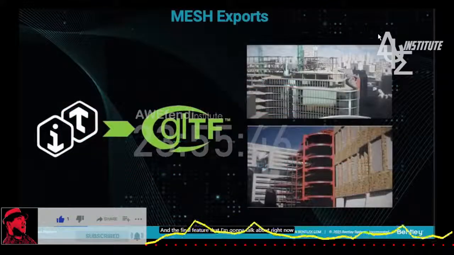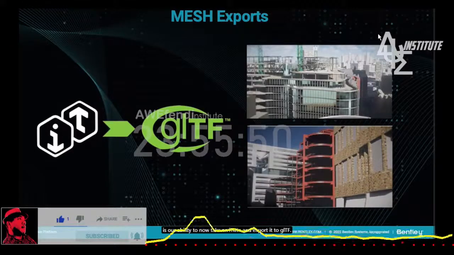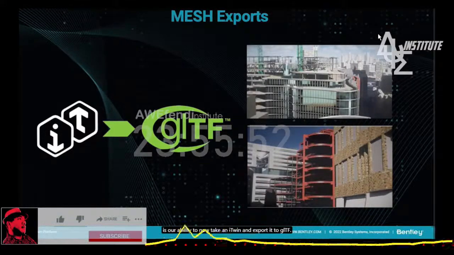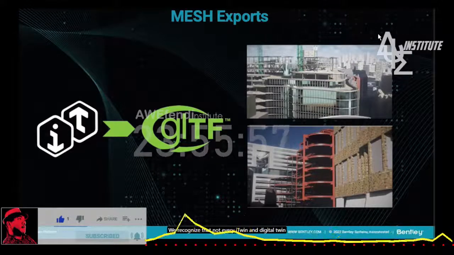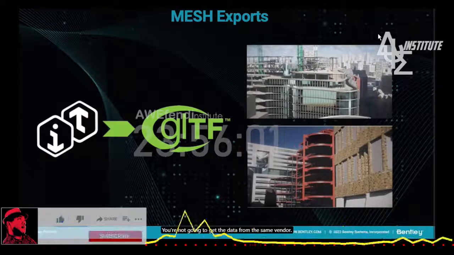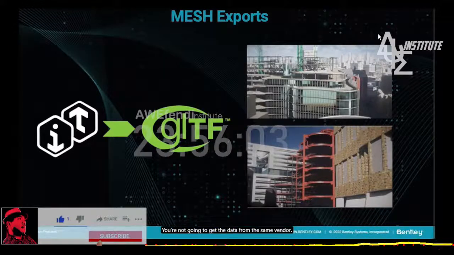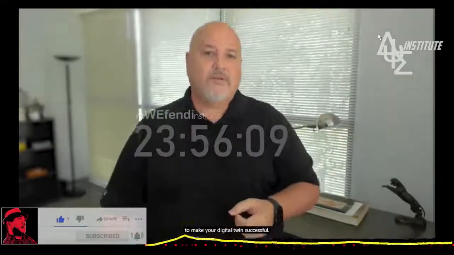And the final feature that I'm going to talk about right now is our ability to now take an iTwin and export to GLTF. We recognize that not every iTwin and digital twin is going to be built by the same vendor. You're not going to get the data from the same vendor. You're not going to have to consume it in the same way at all times. It's going to take multiple vendors to make your digital twin successful.